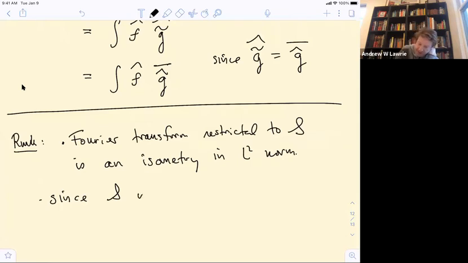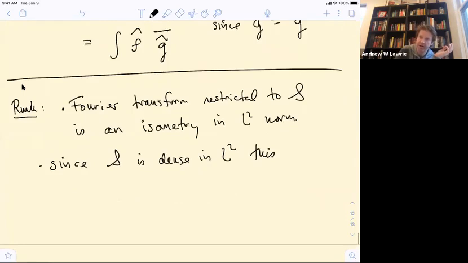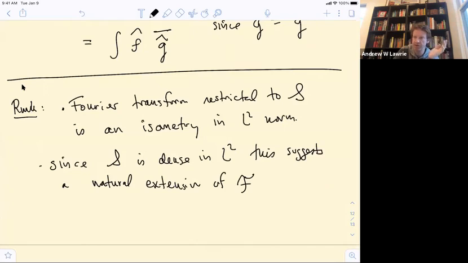So since S is dense in L2, the next goal is we want to define the Fourier transform of an L2 function. This suggests a natural extension of the mapping F, which takes a function to its Fourier transform, to L2.